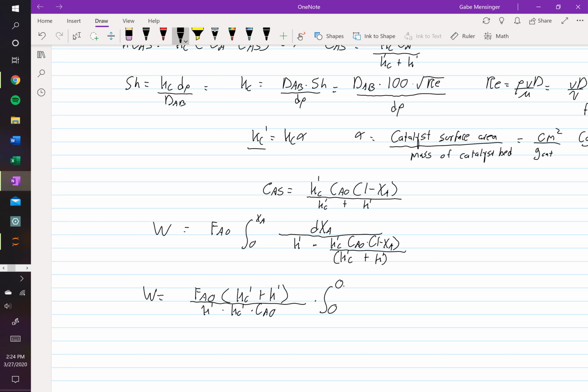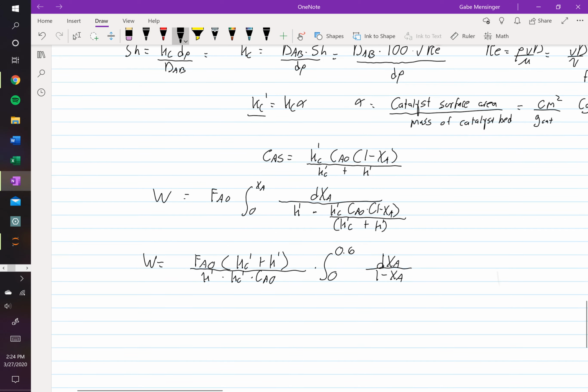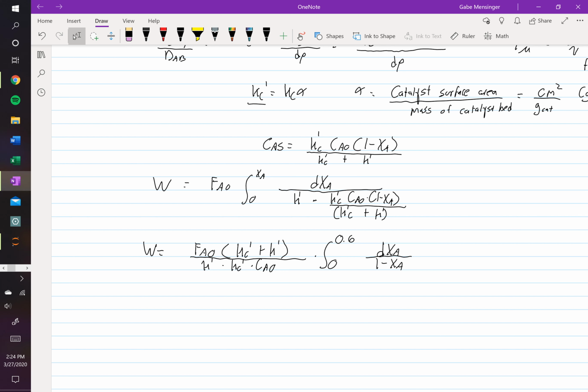Between 0 and 0.6, because that is the conversion that we are operating at, that we want to know our catalyst weight for, of dXA over 1 minus XA. So, as you can see, we can take out quite a bit, because we're operating isothermally, that all these K's will stay constant. And then that is a relatively easy integral to do, and that's kind of where I'm just going to leave you guys with that.